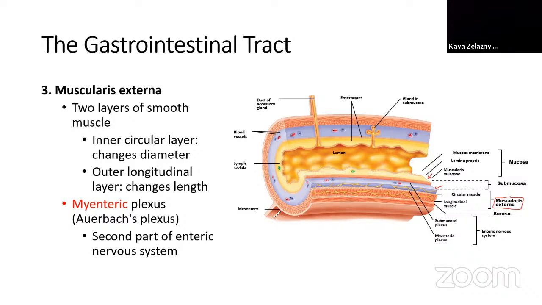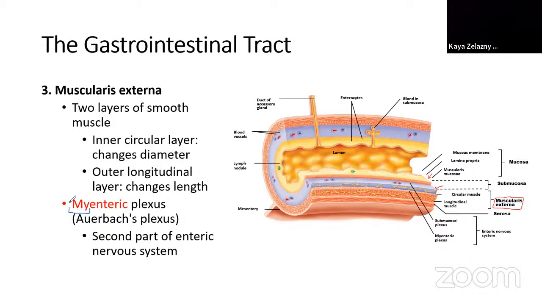Within the muscularis externa, we have our second part of the enteric nervous system called our myenteric plexus, or Auerbach's plexus. Again, these terms are equivalent. To help you remember myenteric plexus, it is also named for where it is, a little sneakier. So this "my" tells you muscular, right?